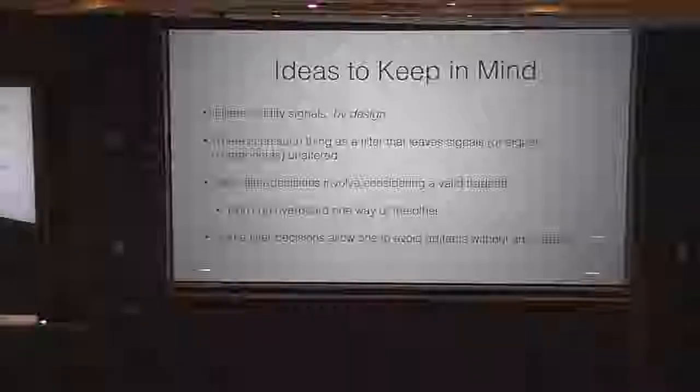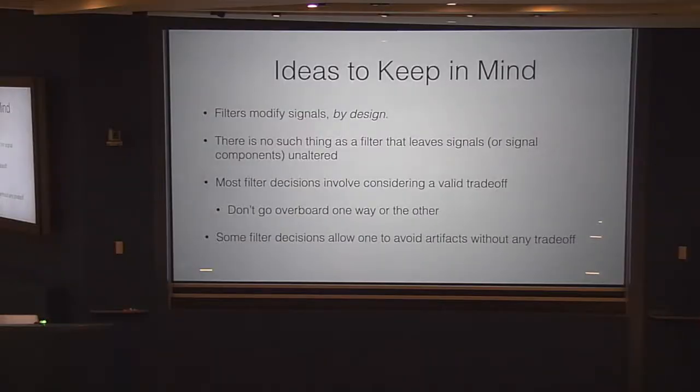You may be looking at your signal in some version that makes it look absolutely beautiful, but when you look at it in a different way, it's really, really ugly. So keep in mind that no one likes to make compromises, but you have to make compromises here. At the same time, there are some decisions that do allow you to avoid artifacts without any repercussions, and so we want to know what those are, so we can just make those decisions without having to think too much about them.